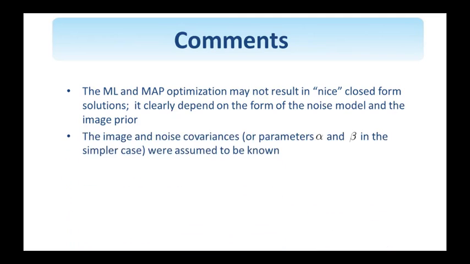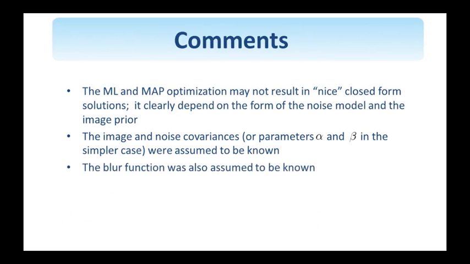The second comment is that in all these derivations, we assumed that the image and noise covariances in the general case, or the specific parameters alpha and beta, were assumed to be known. So there are techniques to try to estimate such parameters offline, but in general, we need to address the estimation of these parameters as well.